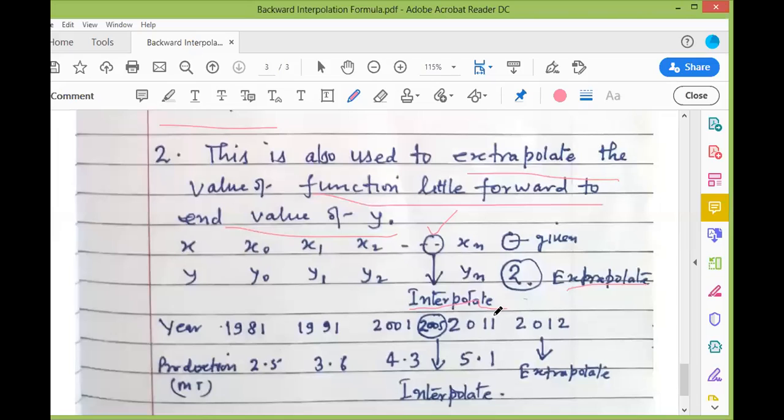The range of the data set is finished now, and we are talking about out of the range. This is 2011, and now this is 2012. Corresponding to 2012, we are going to estimate the value of the function, so it is known as extrapolation.